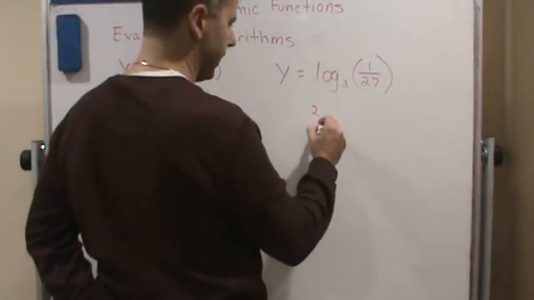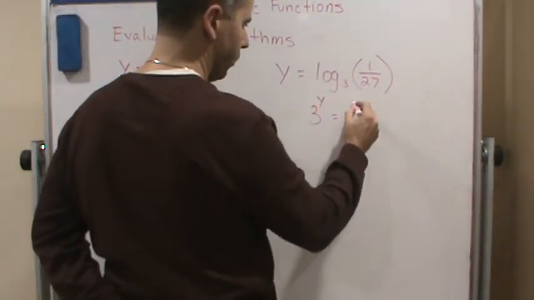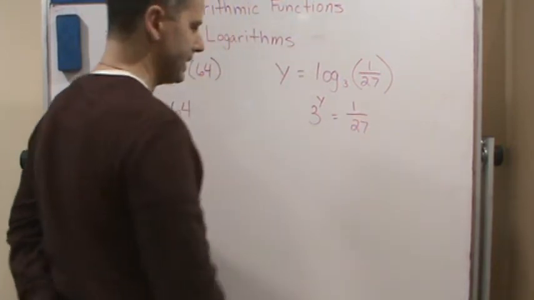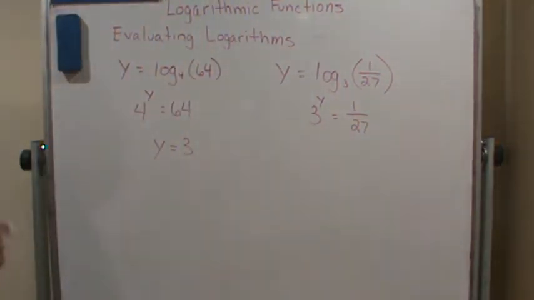I'm going to say 3 to what power will equal 1 over 27. Now, this might be a little more difficult, but just think of the rules of exponents. So we ask ourselves, to what exponent must 3 be raised in order to get 27? Well, what do we know?